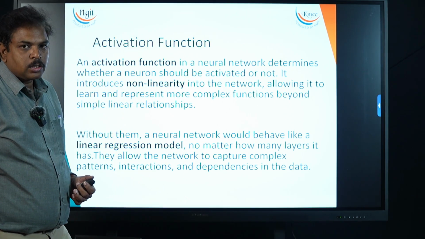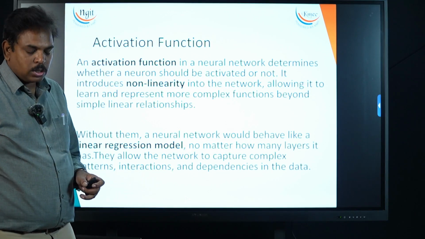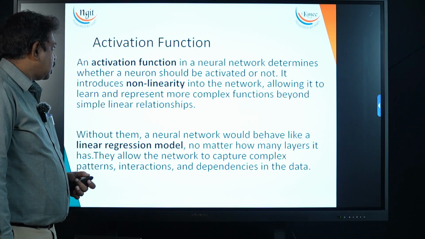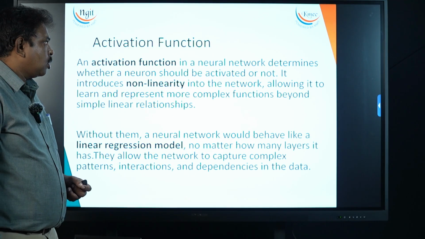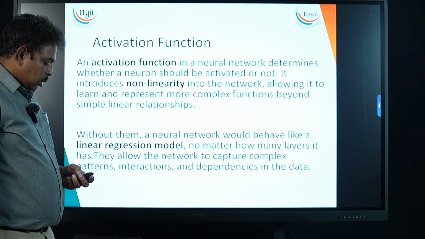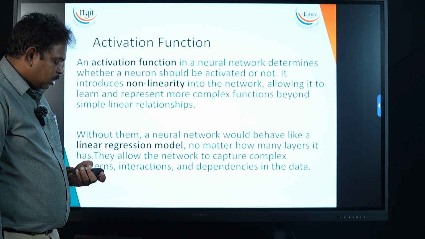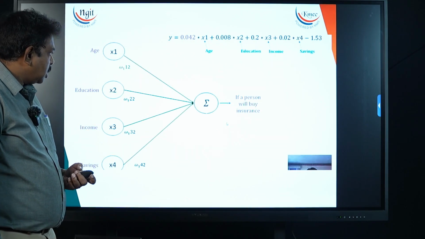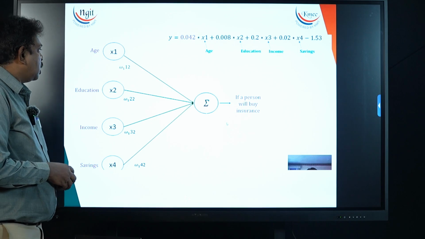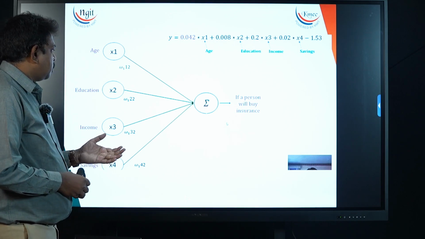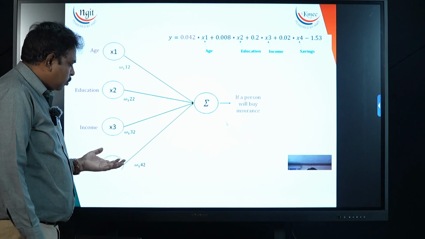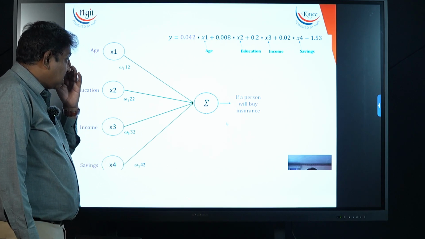So, what are activation functions? An activation function in a neural network determines whether a neuron should be activated or not. Let us see with an example. Suppose an insurance person is implementing a neural network.